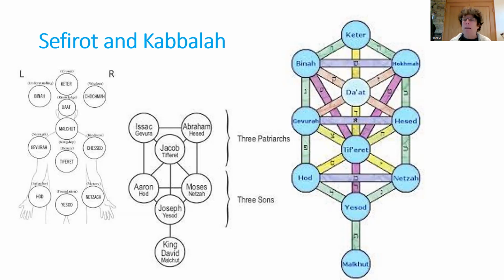So there's this balance that we need called Tiferet, and they get linked to the characters in the early stories of the Torah, because they're said to embody these sorts of characteristics the most. But these characteristics existed before Abraham, Isaac, and Jacob.